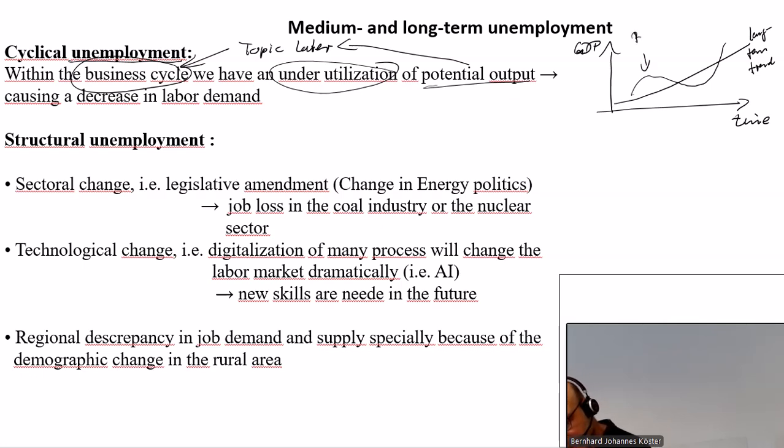And this would be then a boom, and here a recession with high unemployment, and here with low.